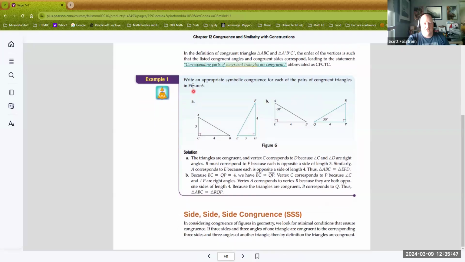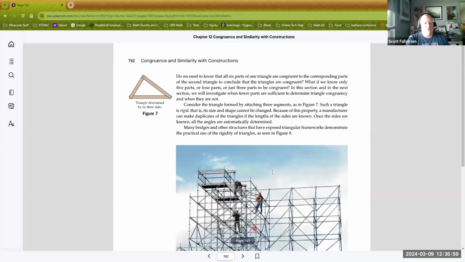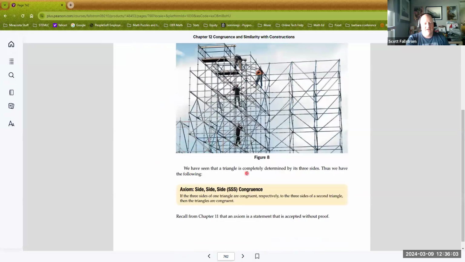Right? There's a little bit of an example here, and then we get into some different congruences that are possible. And we'll also see these in class. I'm going to go over them kind of quick because we are going to do an in-class activity about these. If you know the 3 sides of a triangle are exactly the same, then you do not need to know anything else. If the 3 sides of one triangle are congruent to the 3 sides of a second triangle, the triangles are congruent.